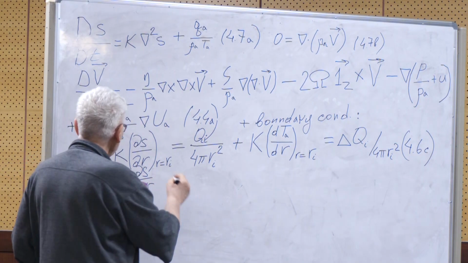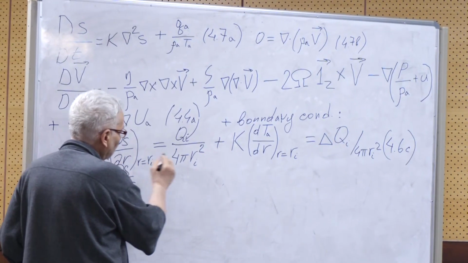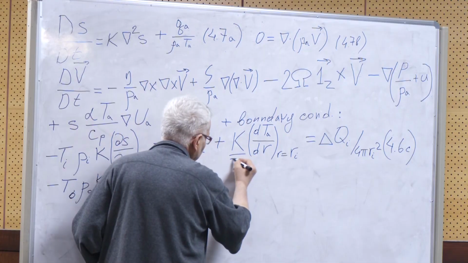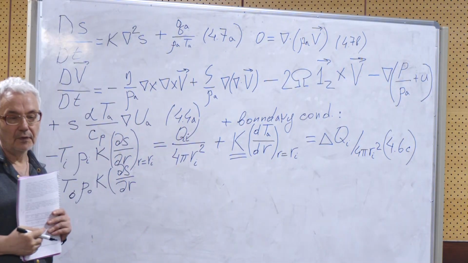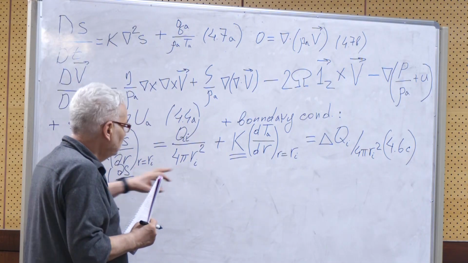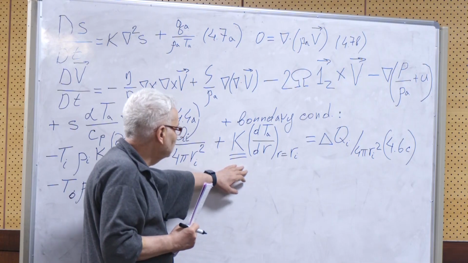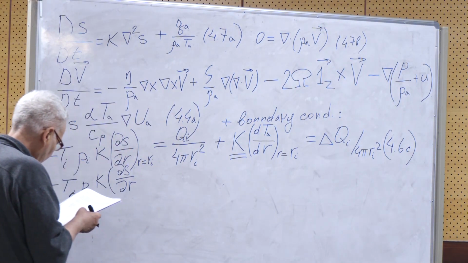Let's stress that this K is small k. This is capital K. Let's just stress, for you to understand, that they are actually different values, but of course related to each other, though originally slightly different.